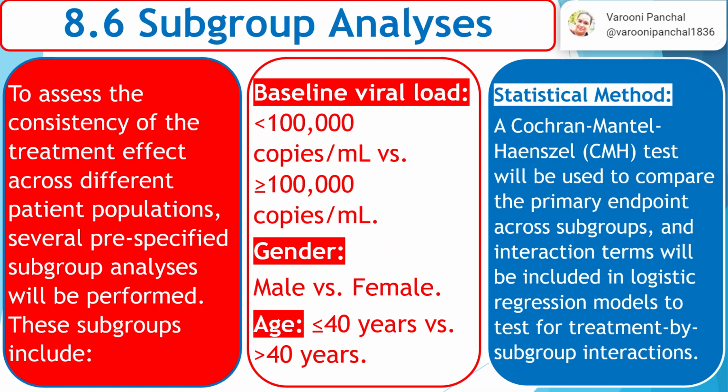Statistical method. A Cochran-Mantel-Haenszel CMH test will be used to compare the primary endpoint across subgroups, and interaction terms will be included in logistic regression models to test for treatment by subgroup interactions.